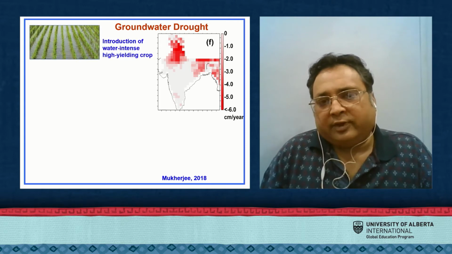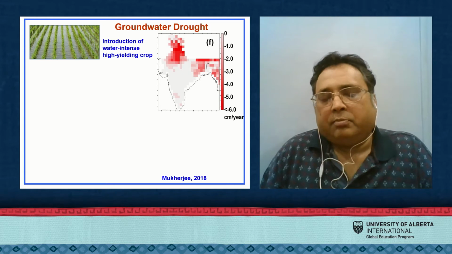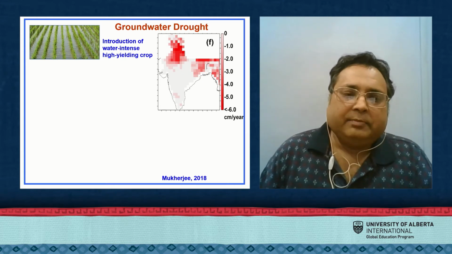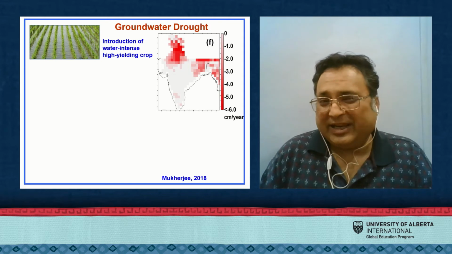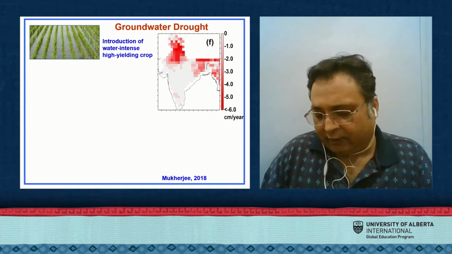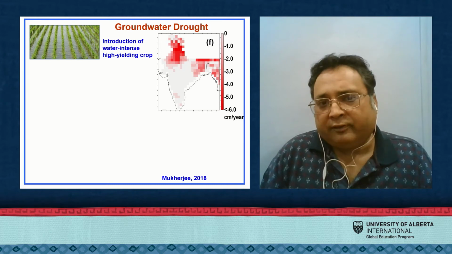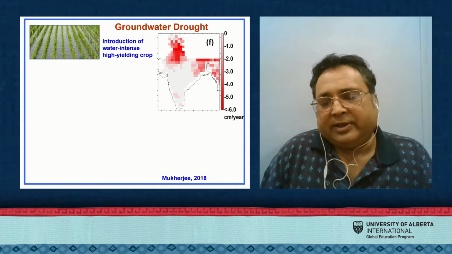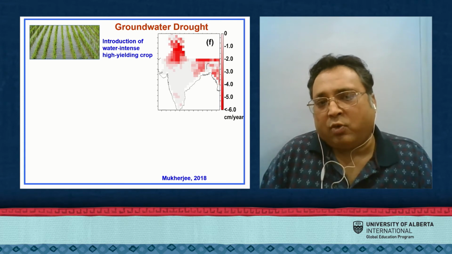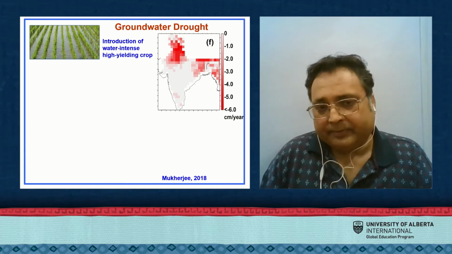Much of this drought is caused by high-yielding crop varieties. High-yielding crop varieties have been planted since the 1980s and mostly from the 1990s, so you have more need of groundwater than before. Much of this groundwater is being used for flood irrigation, so you are using much more water than you possibly need.